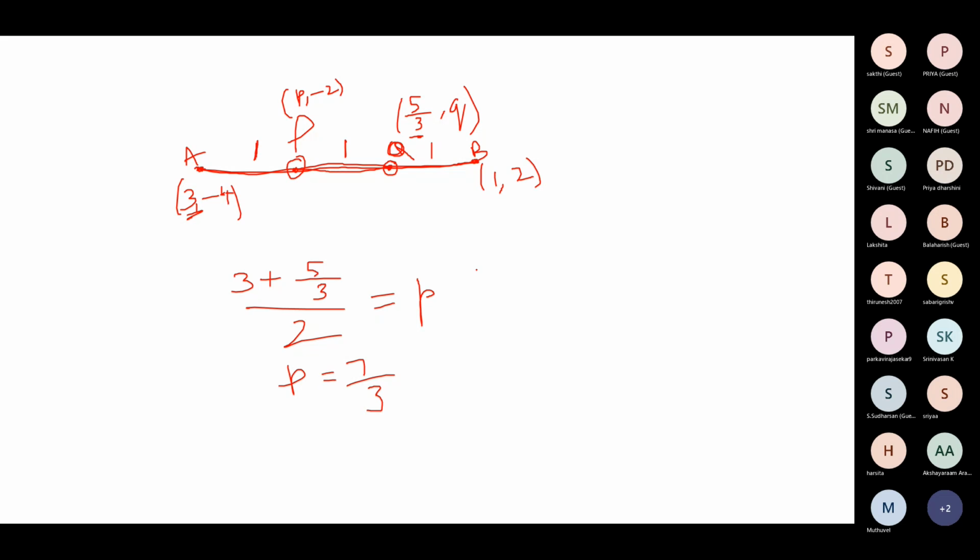Now, how do we apply the midpoint formula to find the value of Q? (y1 + y2) by 2 is equal to Q. Because Q is the midpoint of PB, we are considering the coordinates of P and the coordinates of B. So this one will be (x1, y1) and this will be (x2, y2). y1 plus y2 by 2 is equal to q.